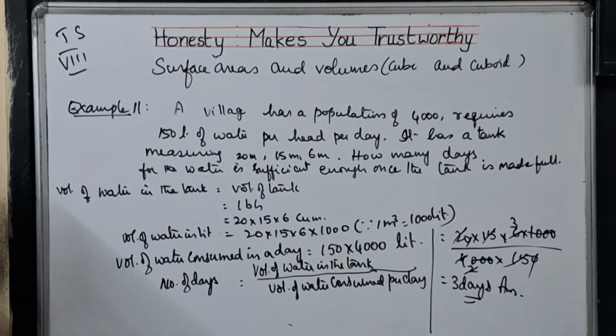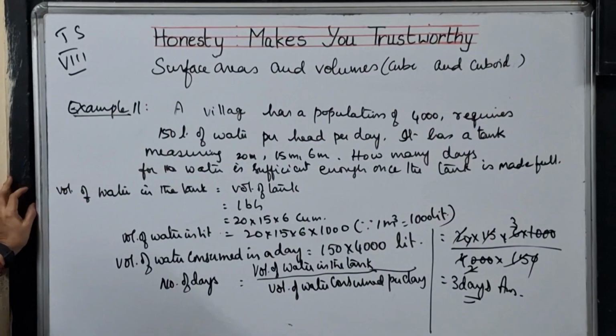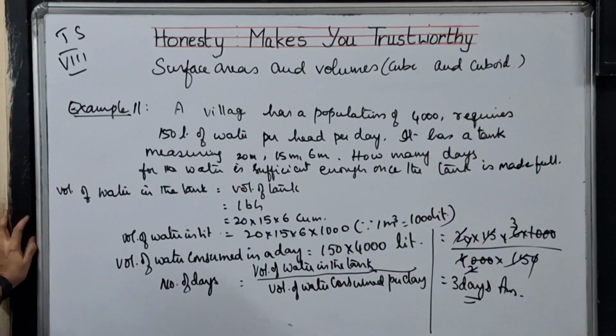Okay. Now, the question in example 11: a village has a population of 4000, requires 150 liters of water per day. It has a tank measuring 20, 15, 6 meters. For how many days is the water sufficient once the tank is made full?